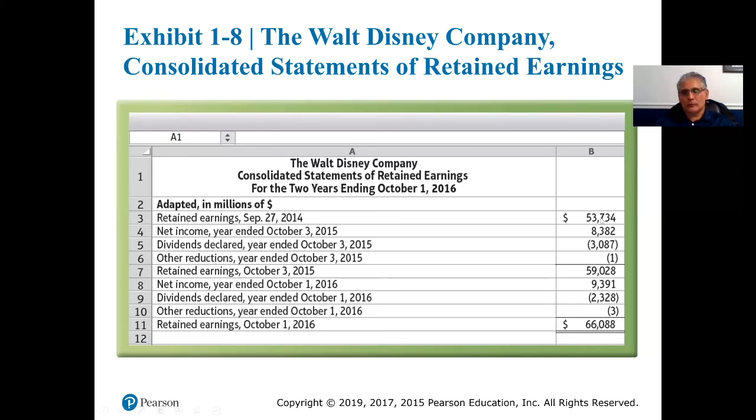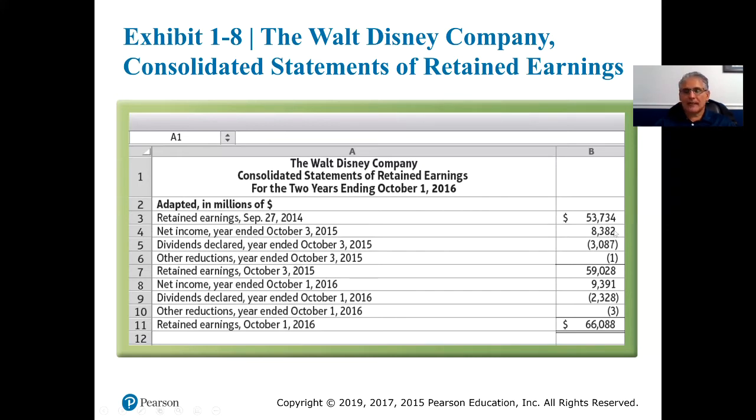We can go back, what did we start off with? We started off in that year, which is very interesting that their beginning of the fiscal year for that was September 27th, 2014, at 53,734 million. Their net income for that year that ended October 3rd, 2015 was 8,382 million.